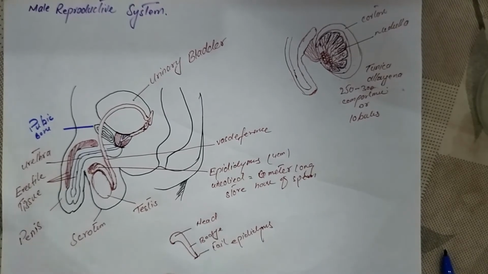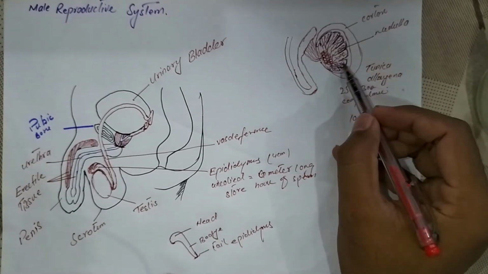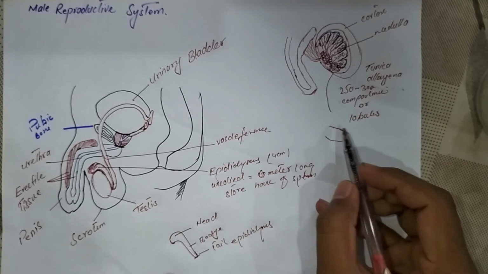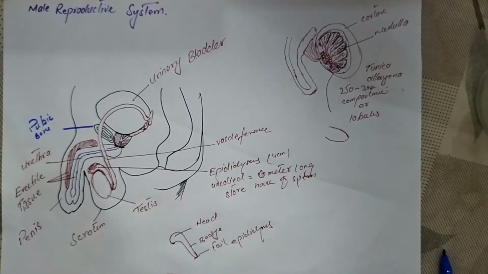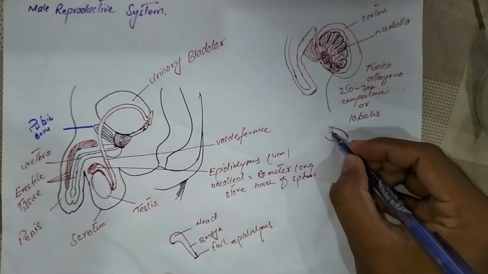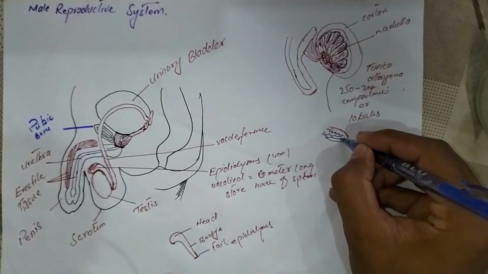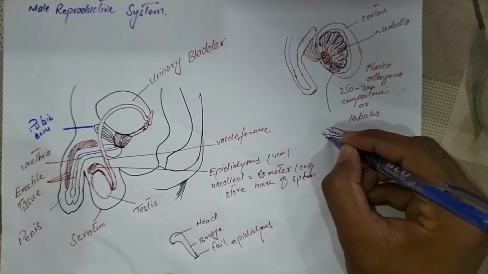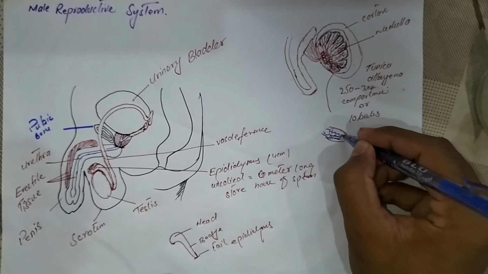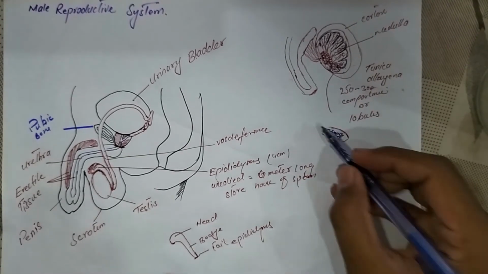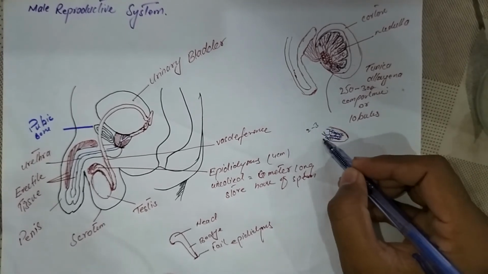These 250 to 300 compartments, if we zoom in, look like this, and these compartments contain the seminiferous tubules. Seminiferous tubules are coiled structures, and each lobule contains 2 to 3 seminiferous tubules.